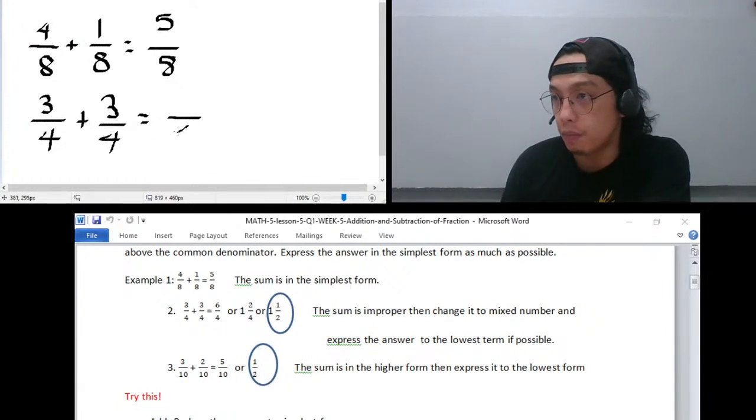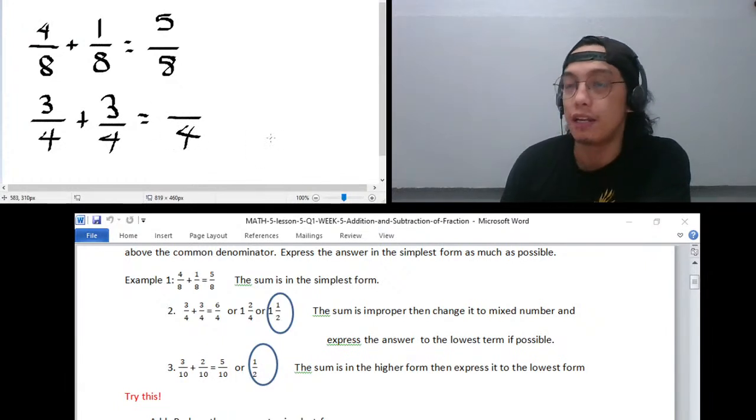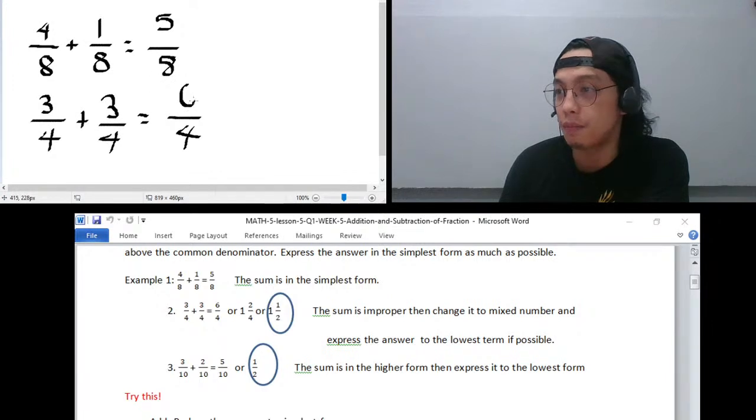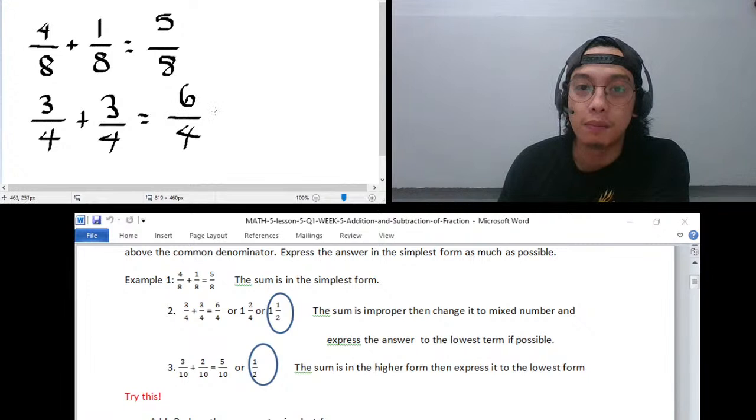Then we add 3 plus 3, which is 6. So we get 6 over 4. And then we can still simplify it.